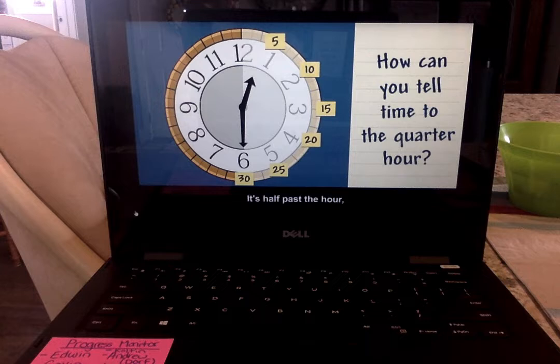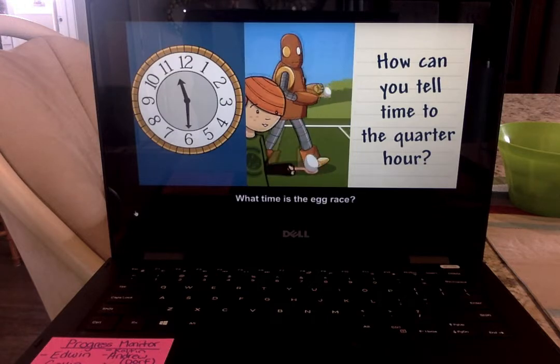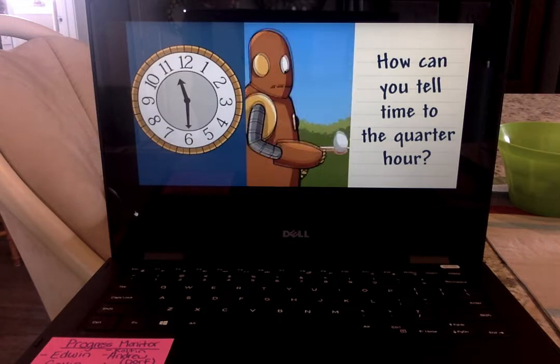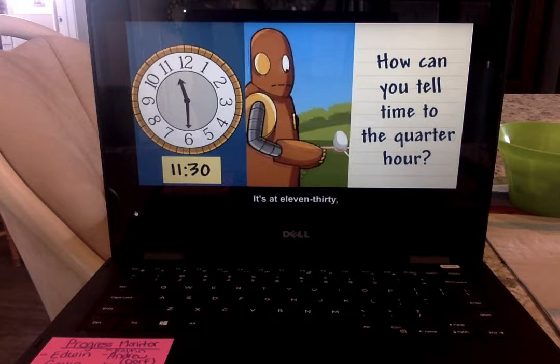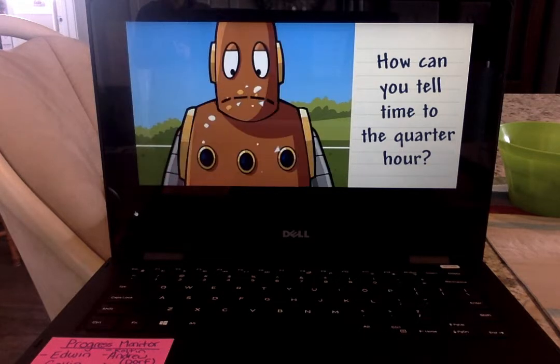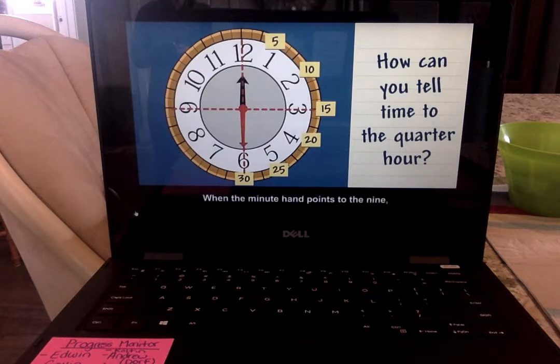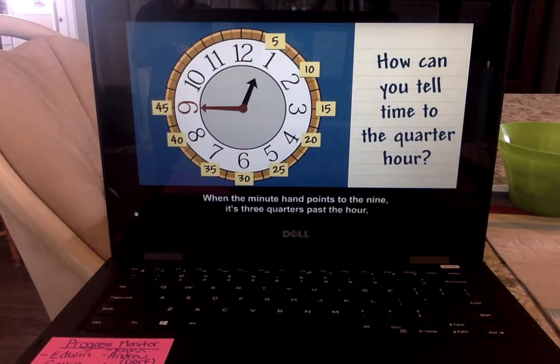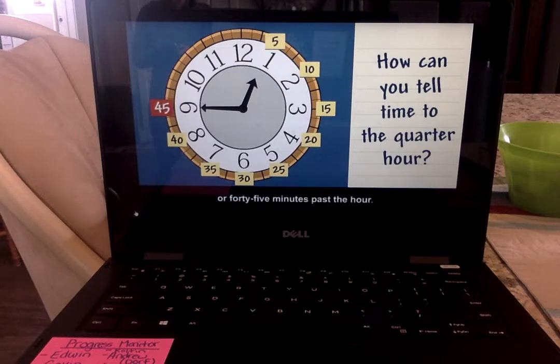It's half past the hour, or 30 minutes past the hour. What time is the egg race? It's at 11:30, or half past 11. When the minute hand points to the 9, it's 3 quarters past the hour, or 45 minutes past the hour.